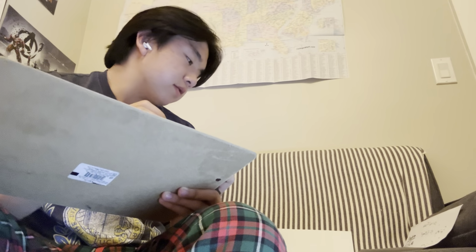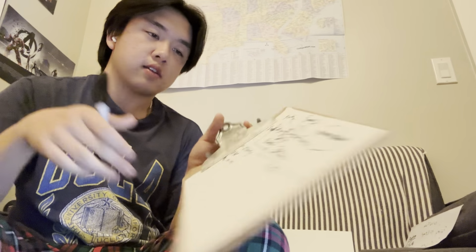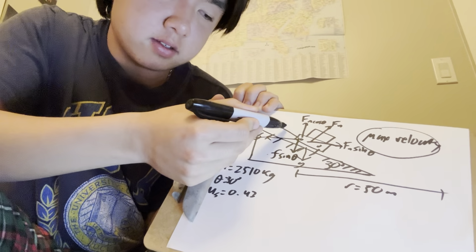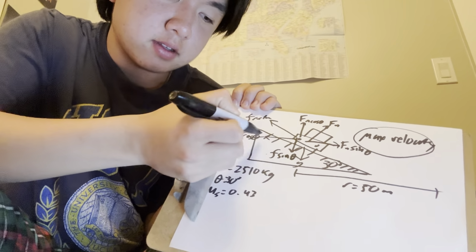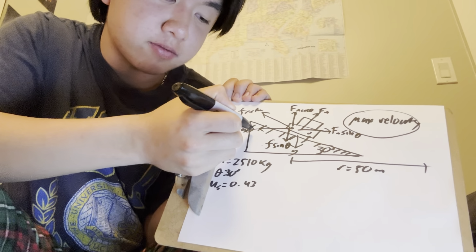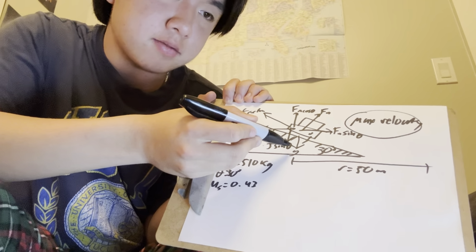So we get that the friction in the horizontal direction is F cosine theta, and in the downward direction it's F sine theta. So now the force of friction has been split up into F cosine and F sine.